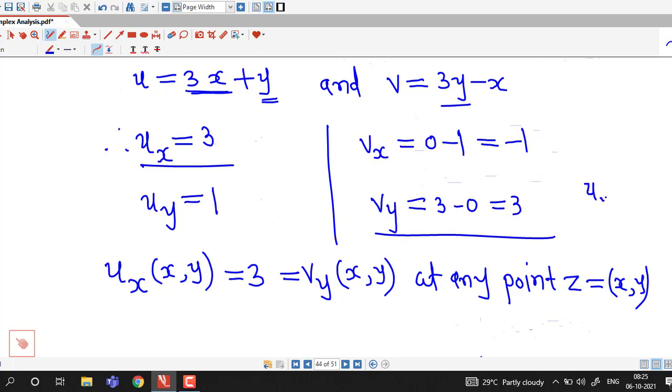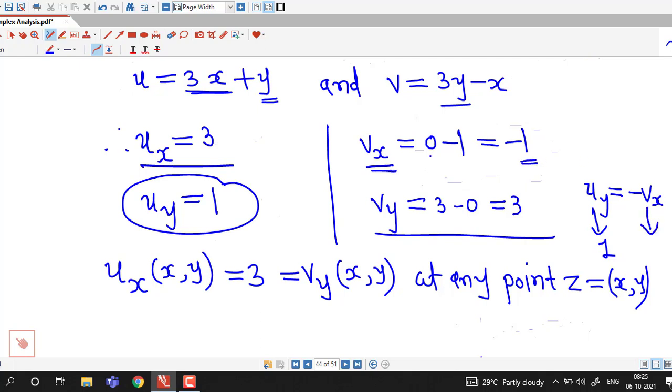The second Cauchy-Riemann equation is del u by del y equal to minus del v by del x. Here del u by del y is 1 at any point, del v by del x is minus 1 at any point, so if we take the negative of del v by del x we will have 1. So the second equation is also satisfied at any point.